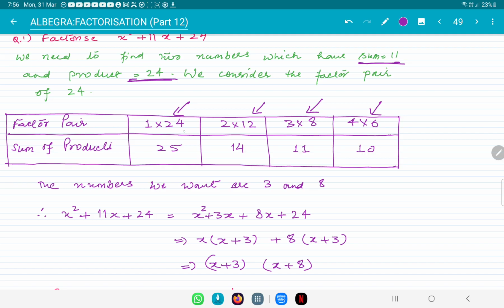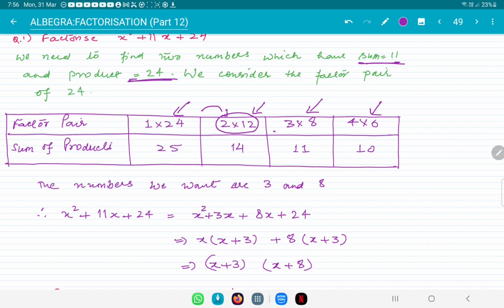So what we want is 24. 1 into 24 is 24, 2 into 12 is also 24, 3 into 8 is also 24, 4 into 6 is also 24. So these are the different combinations which we can have.